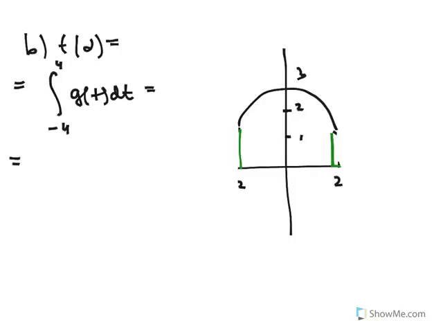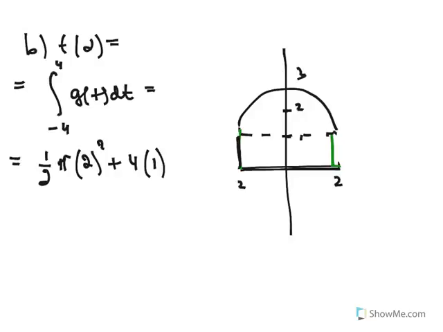So we end up with the semicircle and the rectangle. Semicircle would be 1/2 pi, r is 2, so it's 2 squared, plus length times width. So that would be 4 times 1. So we get 4 divided by 2 is 2 pi plus 4. I hope I didn't make a mistake.